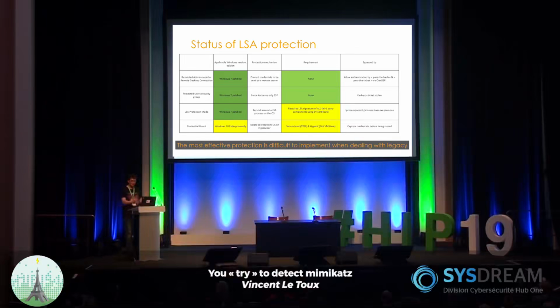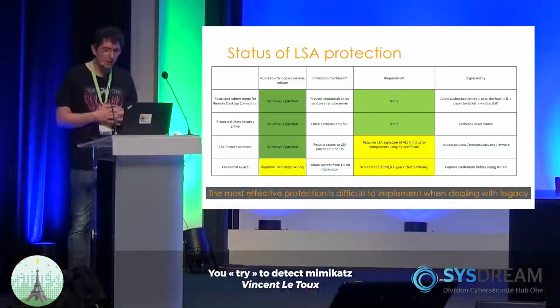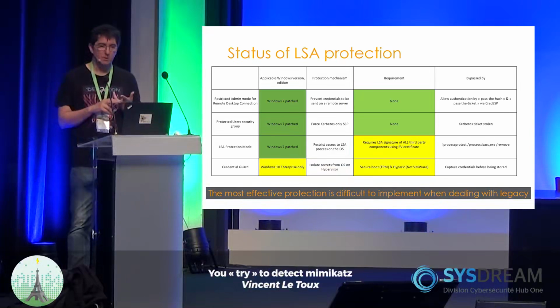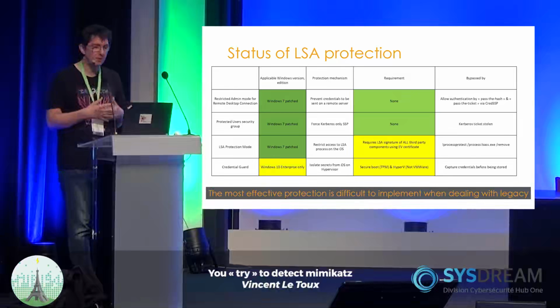So if you have just a vanilla computer, that's okay. But in the real world, you have password filters to synchronize the passwords. You have third-party modules. When you have smart cards, you need to whitelist the smart card driver. So it starts to be very complex to implement. And the last one, which is Credential Guard, is very effective.